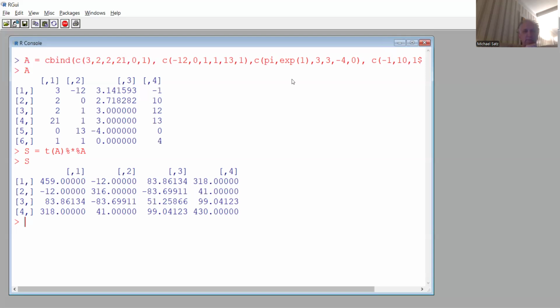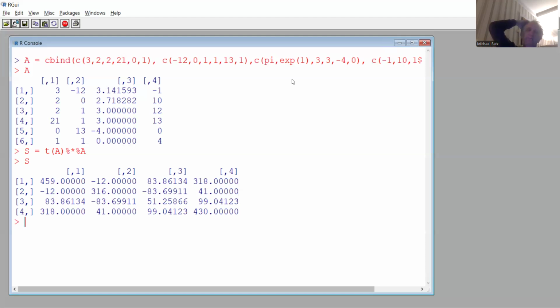It'd be pretty strange if one of them was a linear combination of the other. So I had independent columns, and remember, in this case, A transpose A will give you a symmetric matrix. And it should be positive definite too.